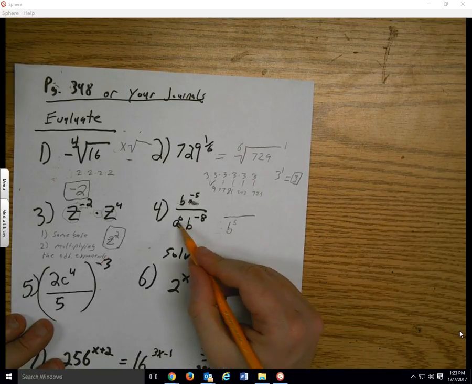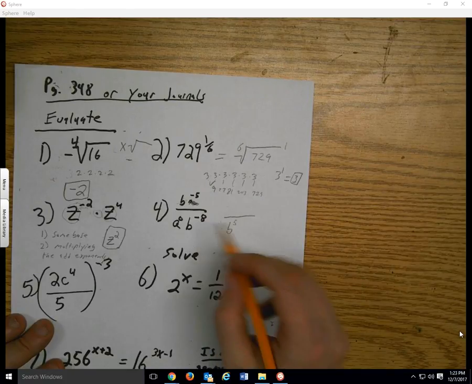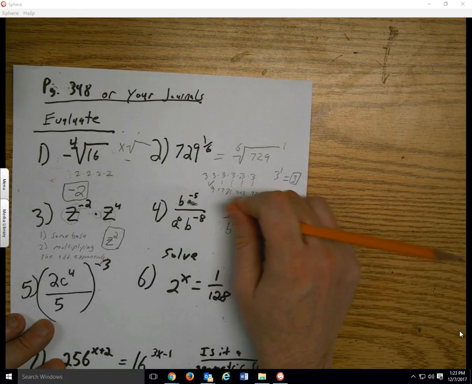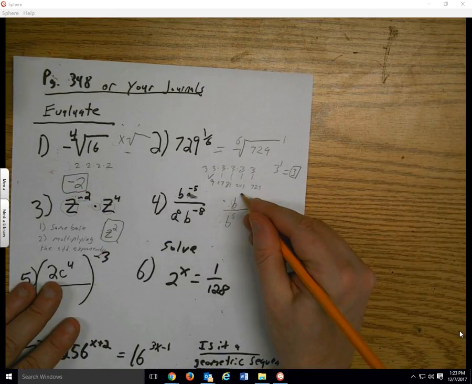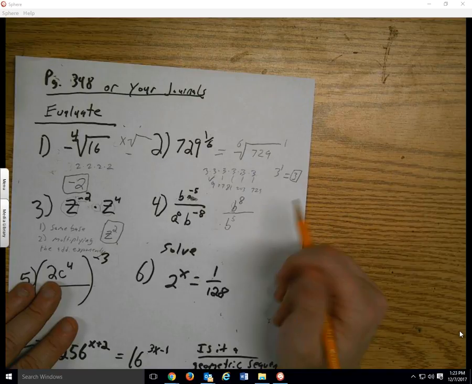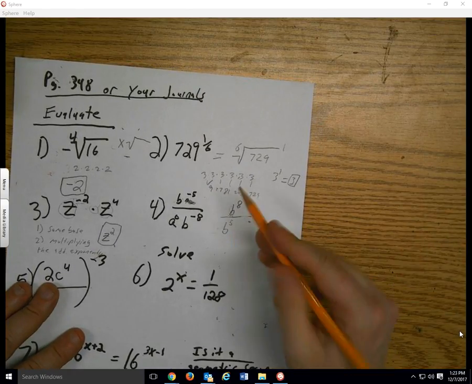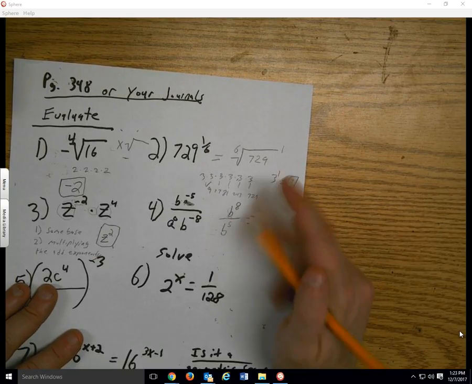So that's gone. Now b to the negative 8. Again, it's a negative, so it should go. So it should be b to the 8th power. Now, everything's been done correct. It looks like we got the answer, except when you have the same base number and you're dividing, you subtract.